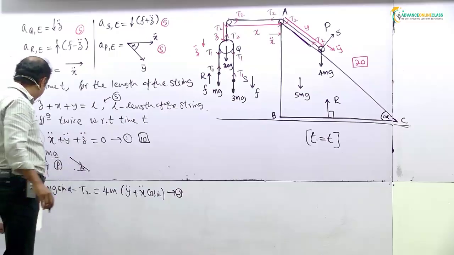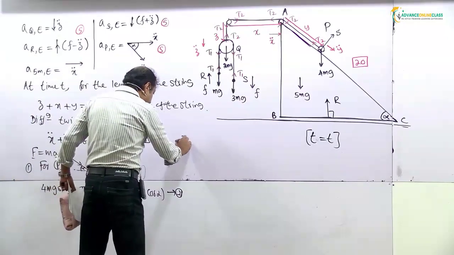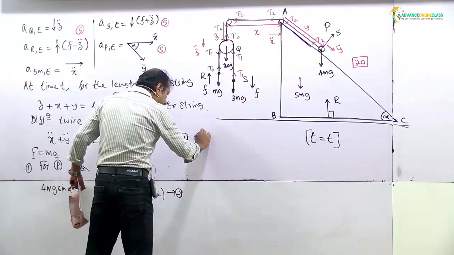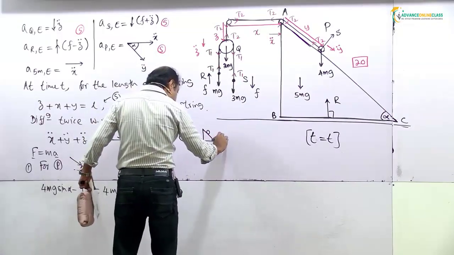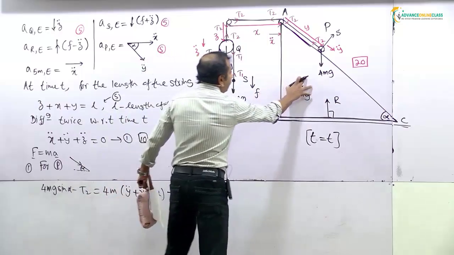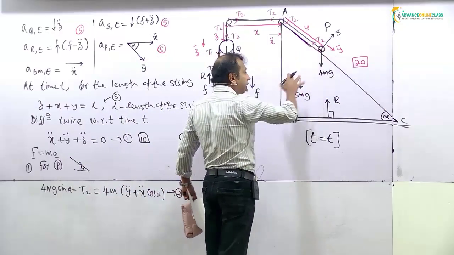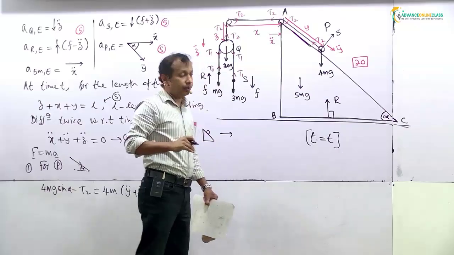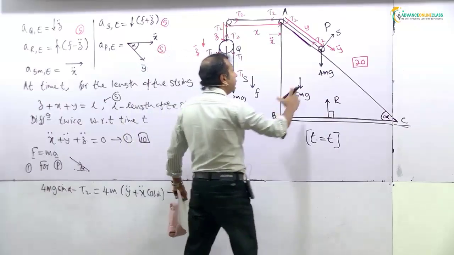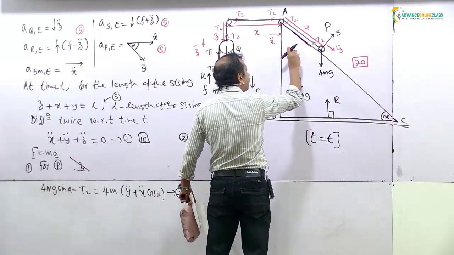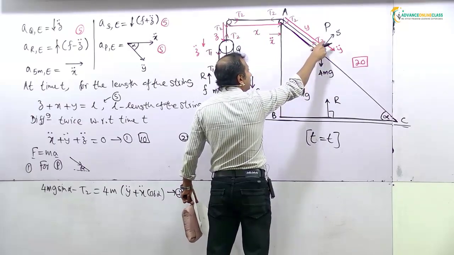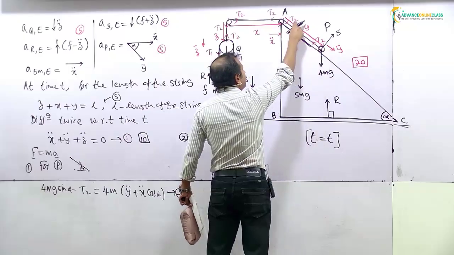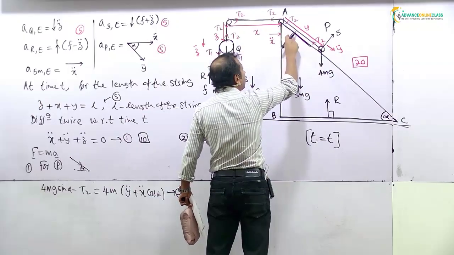Then next, secondly, we apply this to the wedge and the particle P together, taking them as one object. This T2 acts on the particle, and this T2 acts on this pulley which is on the wedge.